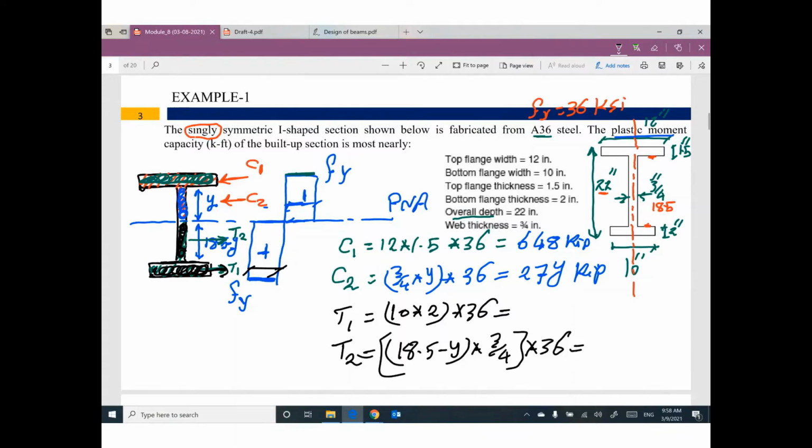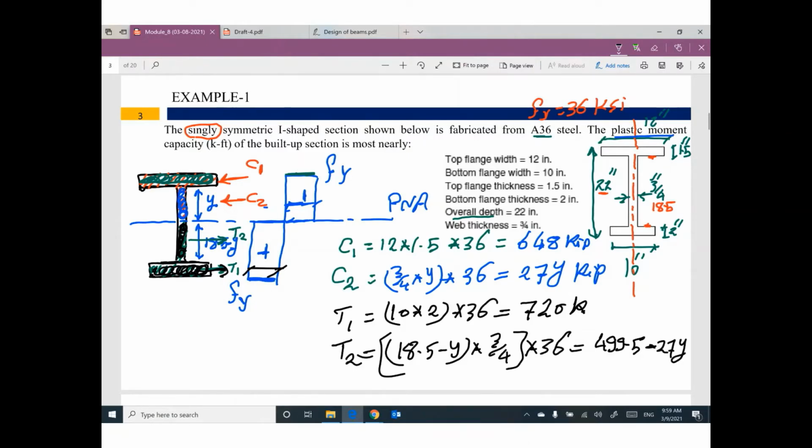These values: 720. Okay. This one will be 499.5 minus 27y.